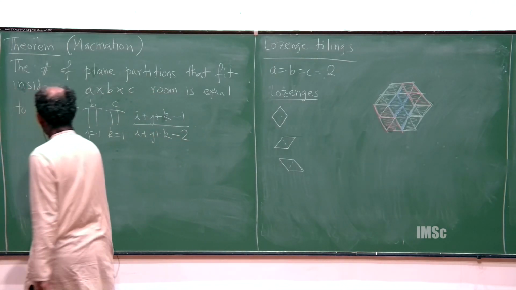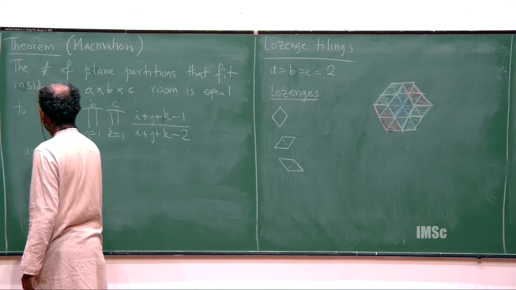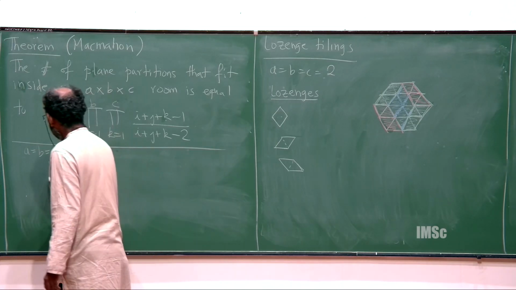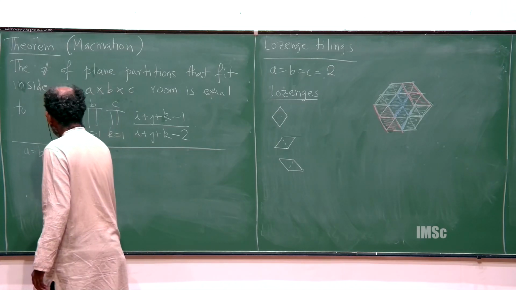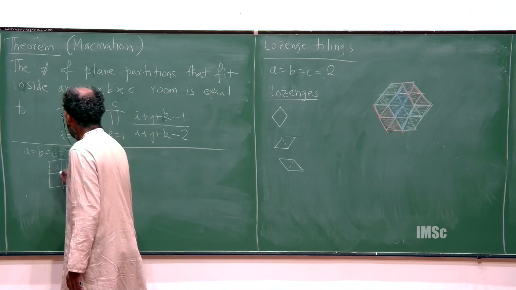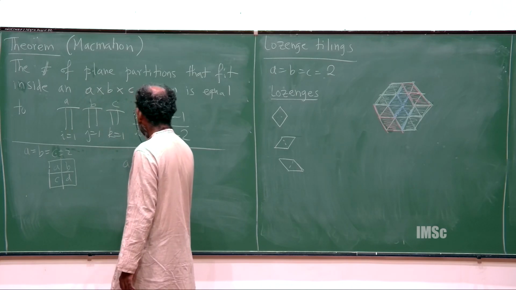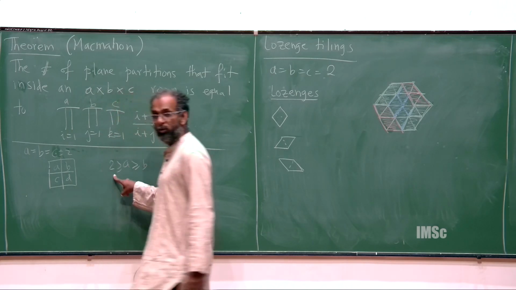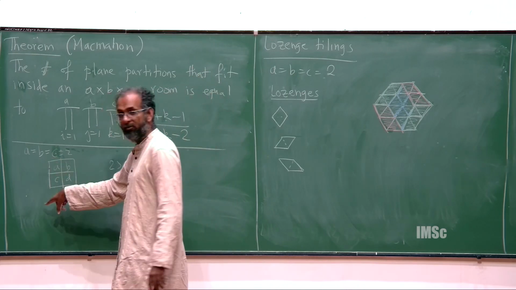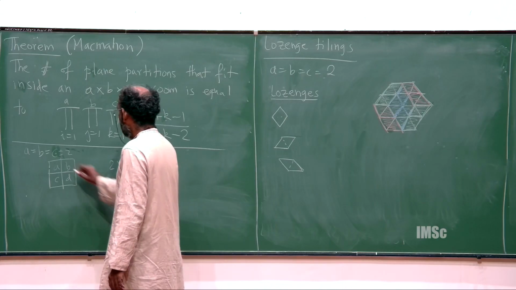So let's take A equal to B equal to C equal to 2. That means I should put 4 numbers here, let's say A, B, C, D, such that A is greater than or equal to B, and A is at most 2, that's the height of the room. And this is the length and the width, both are at most 2, greater than or equal to 0.